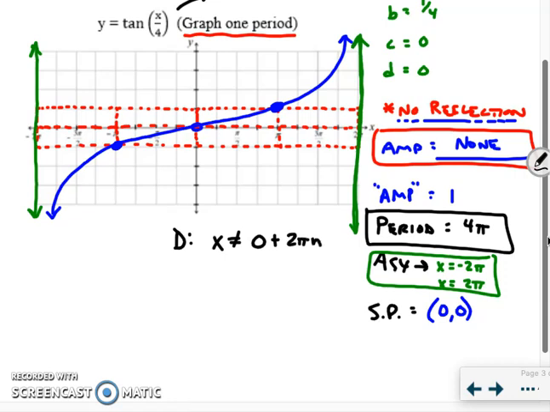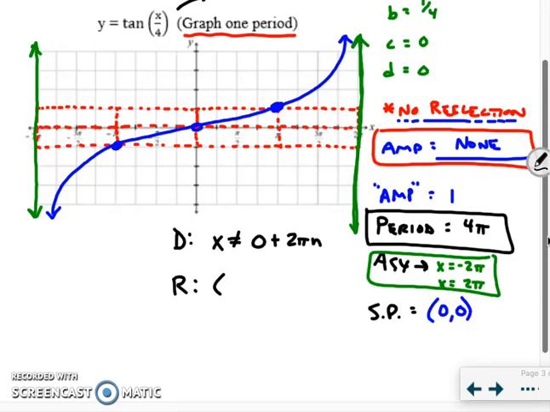That means that every 2 pi, we're going to slap another asymptote up there, and that's going to cause a problem. So you will absolutely not be required to be able to handle that. Again, I'm not worried about your knowledge of that.